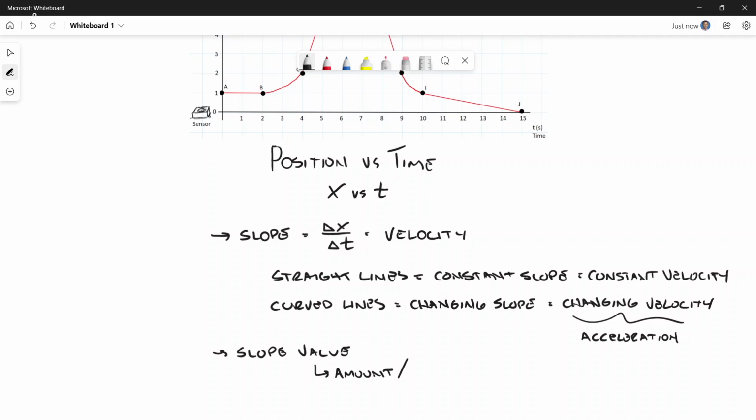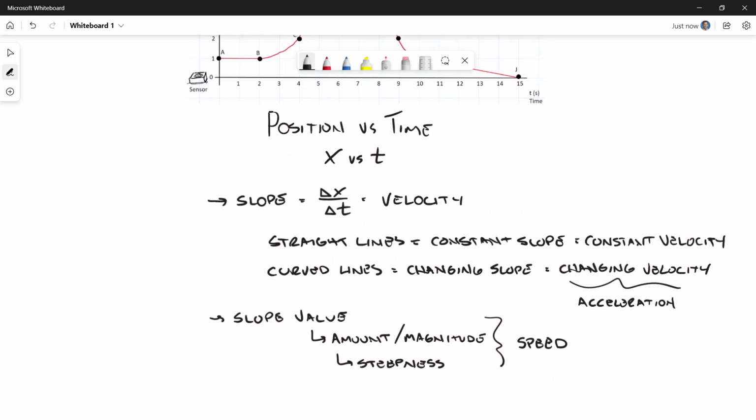Magnitude is just a fancy word for amount. The value of the slope, or its steepness, is an indication of the speed of the object. How steep it is tells how fast it's going. Think of the speedometer on a car: whether you're going east or west doesn't matter, how fast you're going is the slope.